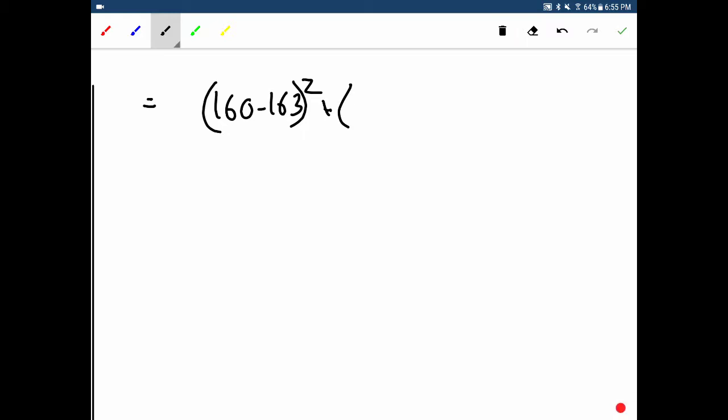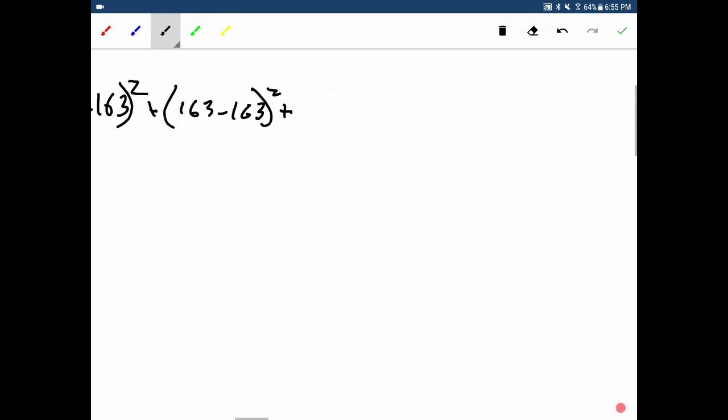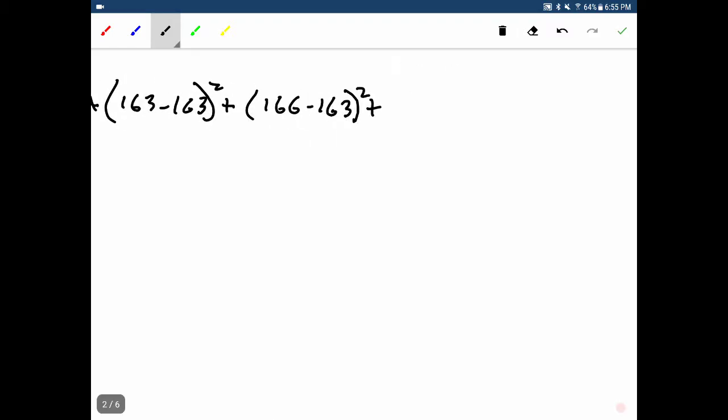So now we're going to go through. We've got 163 minus 163 squared plus 166 minus 163 squared plus, and you can see these deviations are a lot smaller. So not surprisingly, we're going to end up with a much smaller standard deviation.